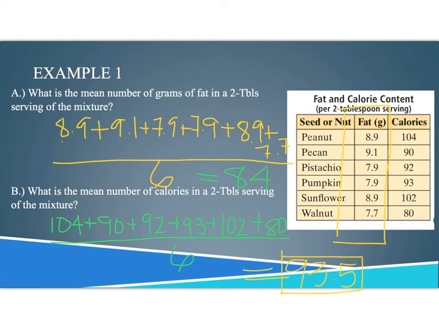So 93.5 calories is our mean or average number.